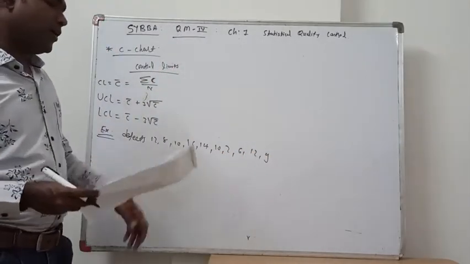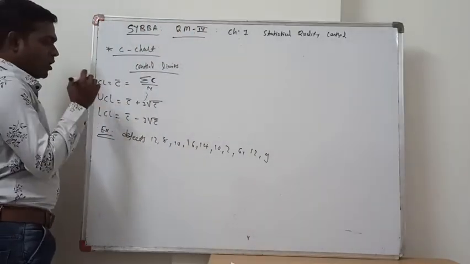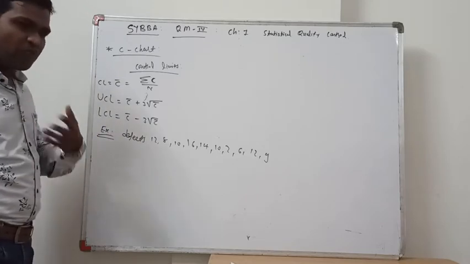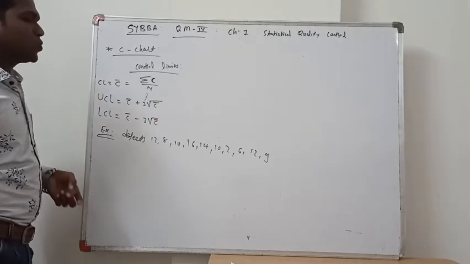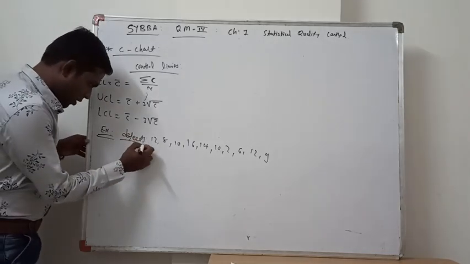And you have to find the control limits. Just the control limits. This is for 2 marks, and in each and every paper this 2 marks question is always available, so we can secure these 2 marks.